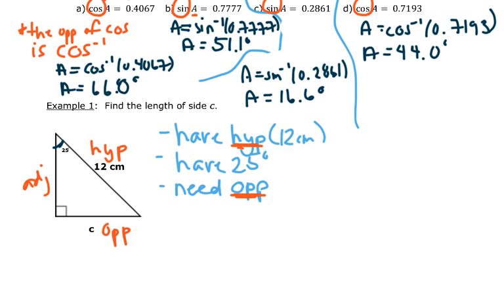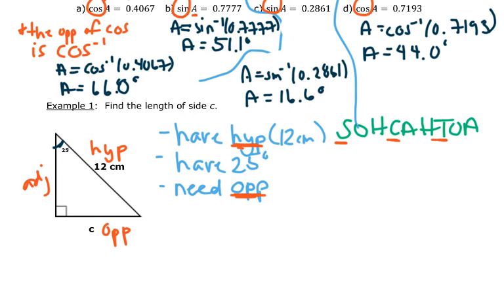From these 2 side lengths, we can figure out whether we should use sine, cos, or tan. So the next thing that I'm going to do is write out SOHCAHTOA. We are looking for either sine, cos, or tan to match up with these side lengths. So we're looking for a ratio that uses hypotenuse and opposite together.